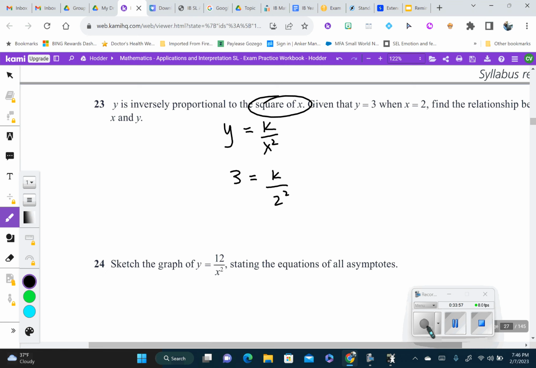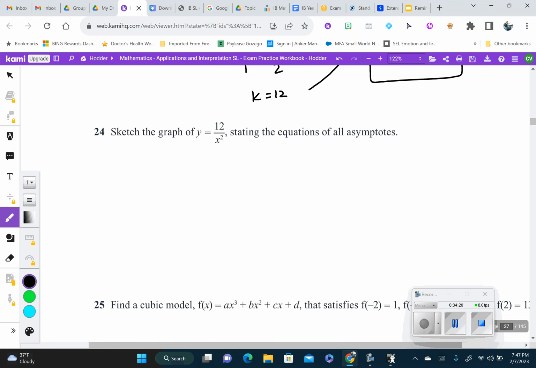Find the relationship between x and y. So this is 4, cross multiply here, so that's going to give me 4 times 3 is 12, so I'm going to get k is equal to 12. So then I'm just going to put it back into this form right here. So I have y is equal to 12 over x squared. Okay, this is my final answer.